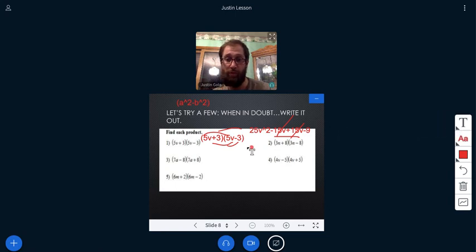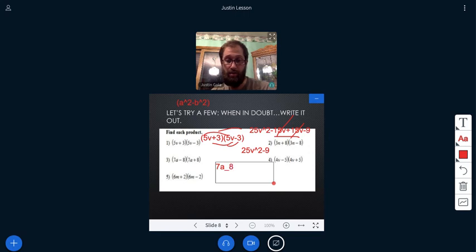So we're left with 25v squared minus 9. That is a squared, 5v squared, minus b squared, 3 squared, not negative 9. 25v squared minus 9.